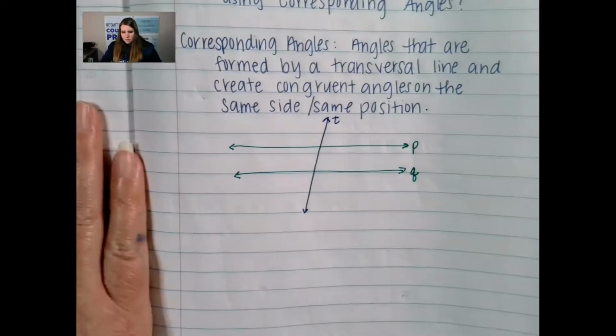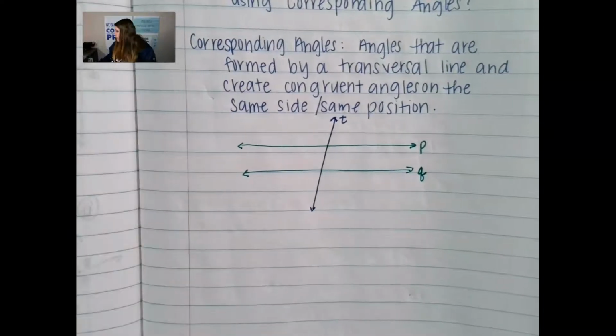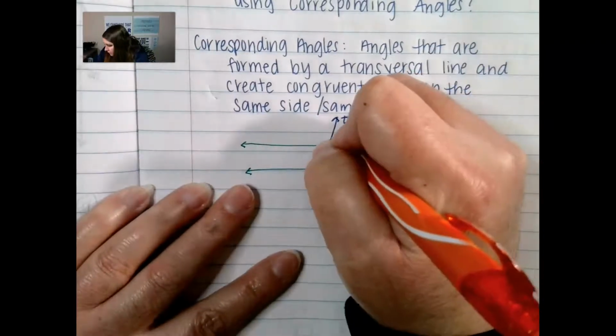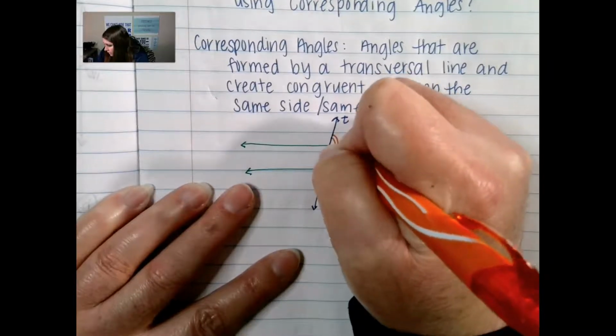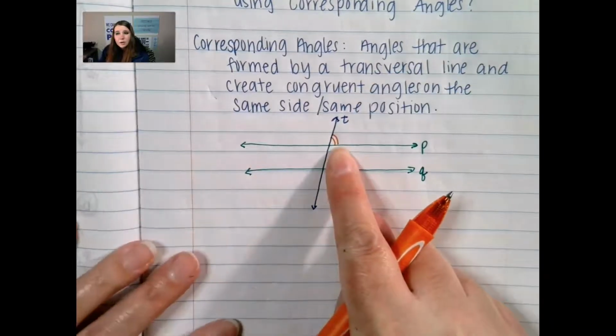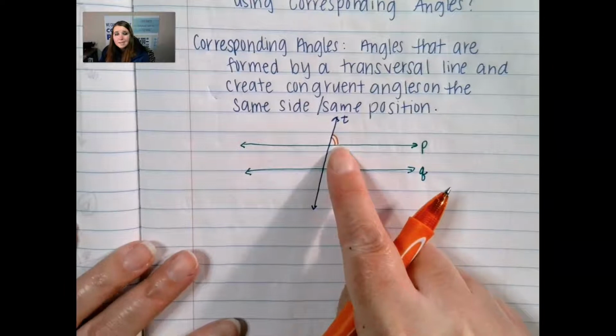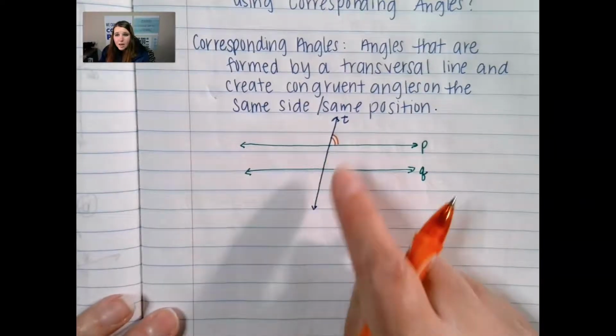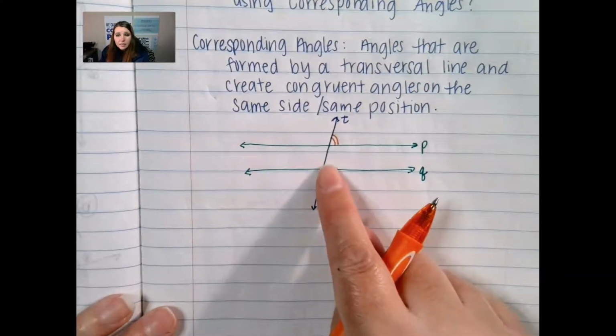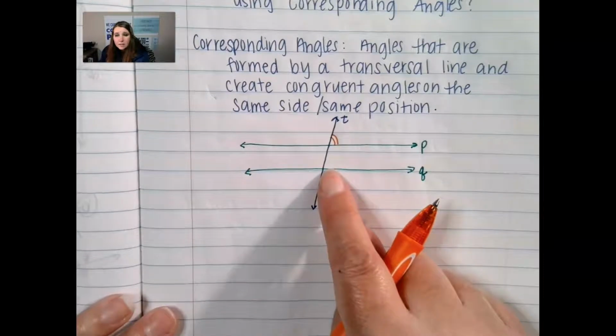I know I had a red pen around here somewhere. I seem to have lost it, so we will use orange instead. Okay, so this angle right here, this angle in this corner corresponds to, or is the same measure as, this one right here.